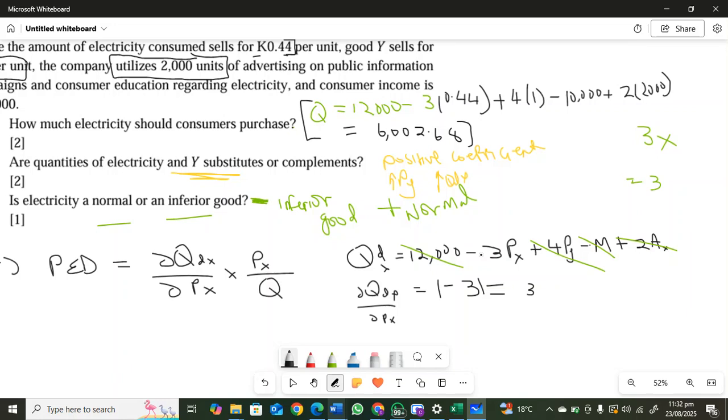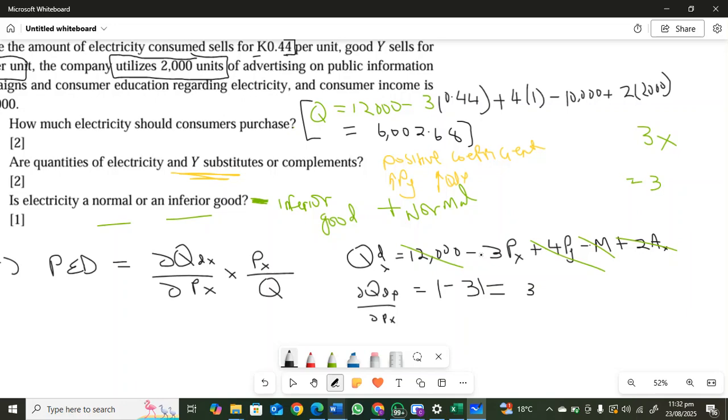And whenever you are determining if demand is elastic or inelastic, you have to compare it against the number 1. Anything below 1 is inelastic. So if every time you calculate a negative value, it means all the time your demand is inelastic.